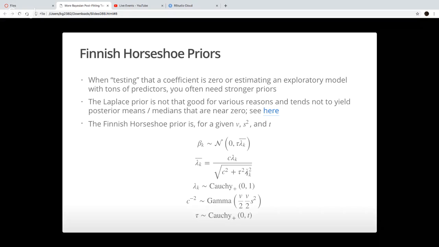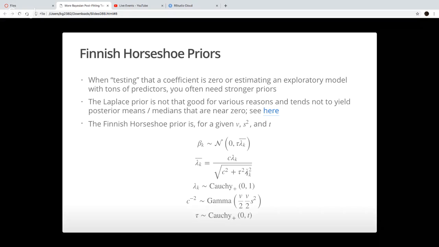But if you get down to the cell level, you can get more than a million, tens of millions of predictors for whatever it is you're trying to study. And in a situation like that, you're going to need stronger than weakly informative normal priors in order for this to make any sense at all.